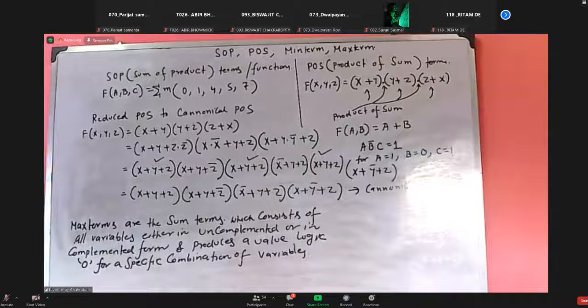So all sum terms in the canonical POS are max terms.